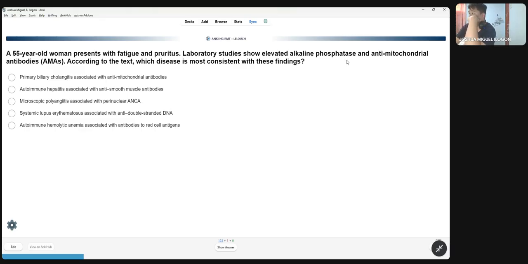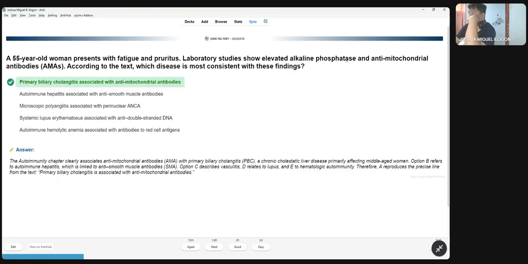Alkaline phosphatase and autoimmune hepatitis. Okay, primary biliary cholangitis. Progressive destruction and enterohepatic cholestasis.